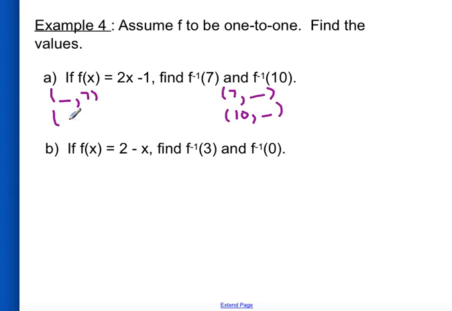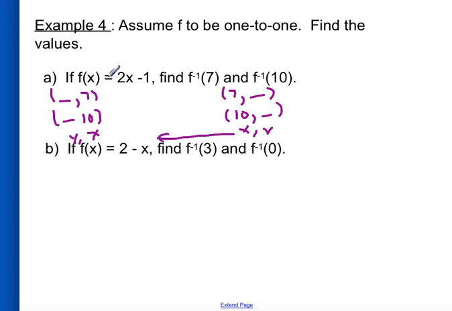In the original function, we don't know what the x value is, but we know the y value is 10, because remember, this is xy. If this is xy, then I've got to switch it, and it's got to go the other way. Right? You just swap them.